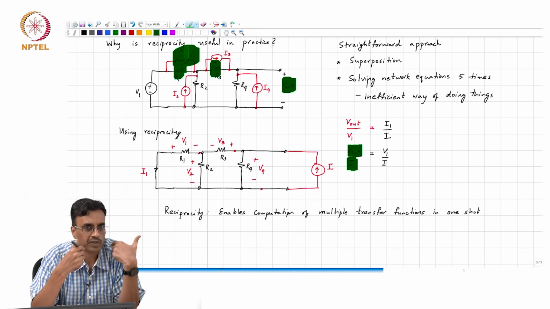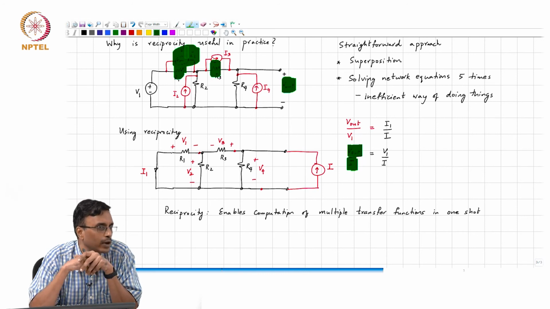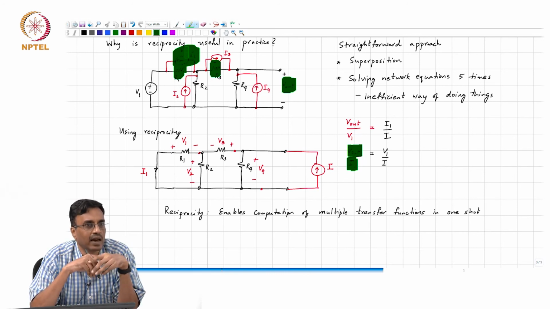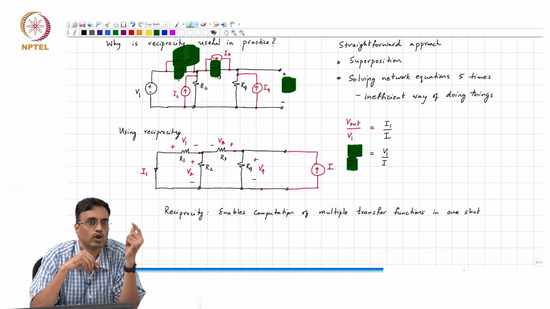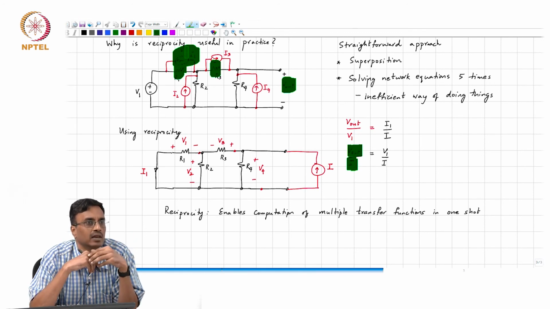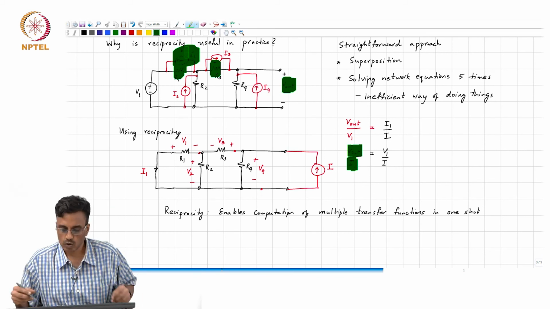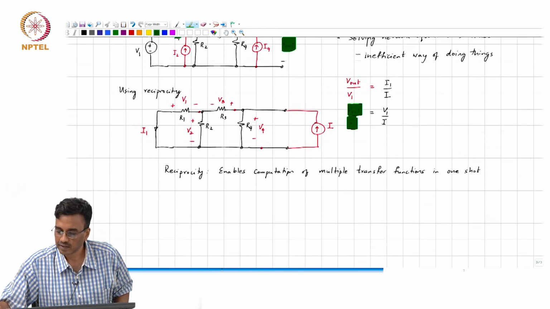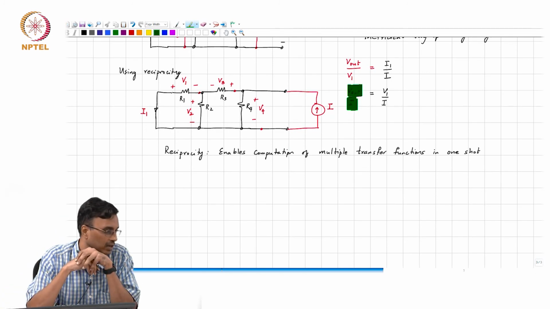If you use reciprocity, it is simply just evaluating the network once, and with just one evaluation, you are now in a position to tell me what the transfer functions are from any source in the network to the output. Is this clear? Right. So, that is one of the nice things about reciprocity.